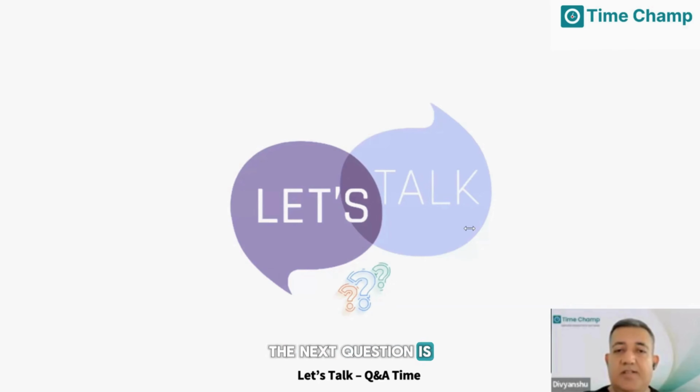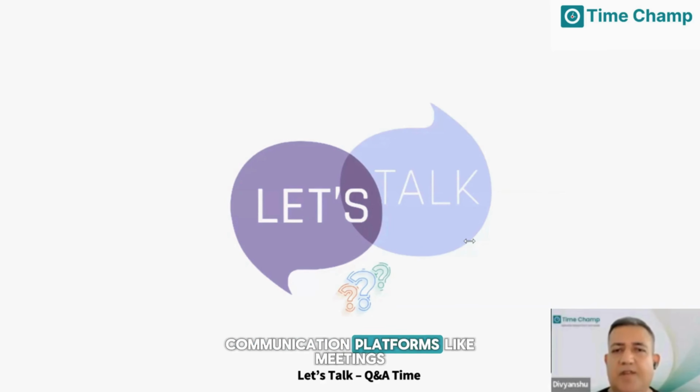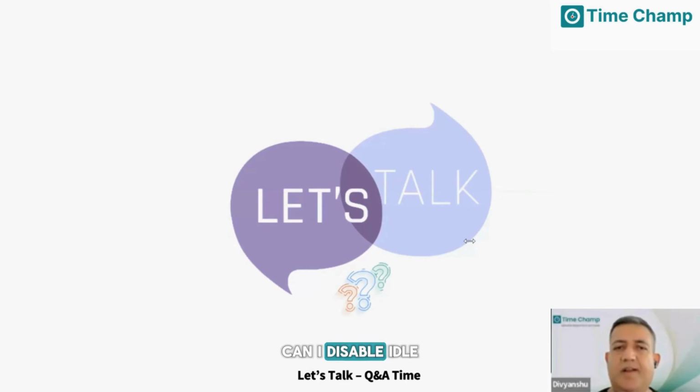The next question is, is it possible to disable idle time tracking for some applications from TimeChamp? Like if someone is watching training videos, or is in communication platforms like meetings, can I disable idle time tracking only for that application?